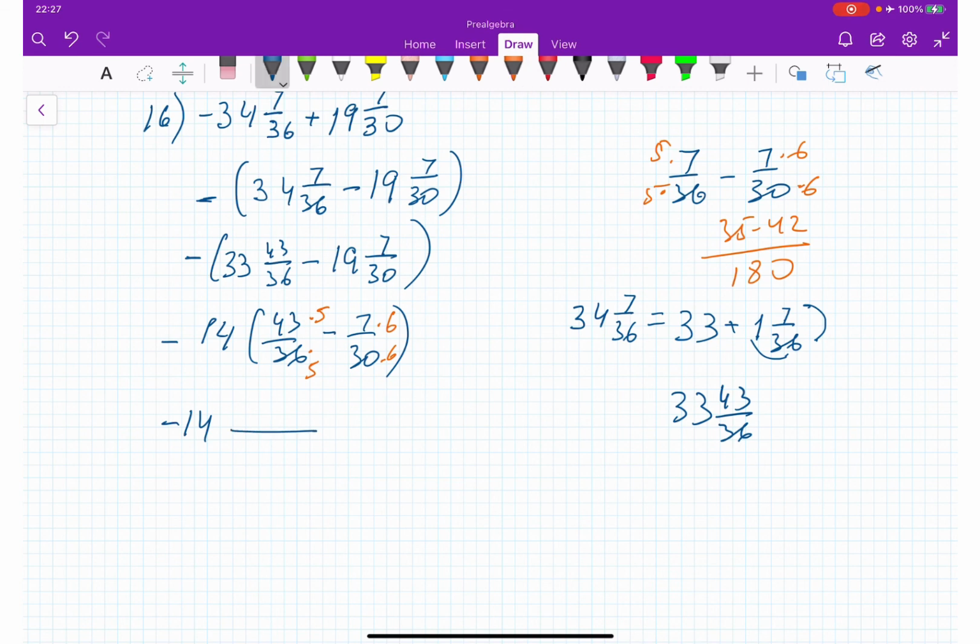So we are going to get here 5 times 43 is 215 over 180 minus 42 over the same 180, and the answer is going to be negative 14. 215 minus 42 is going to be 163 over 180. And we are done. Okay, moving to question number 17.